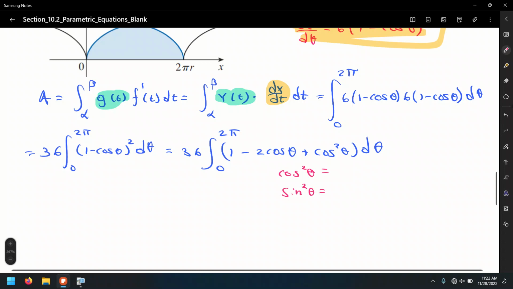Anybody remember any of these or both formulas? So what do we do for cosine squared to reduce its power? 1 plus sine squared over 2. All right, 1 minus sine squared theta over 2.